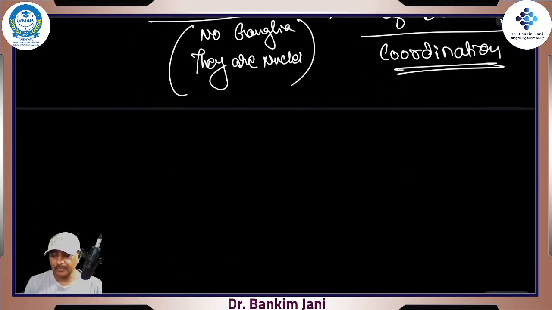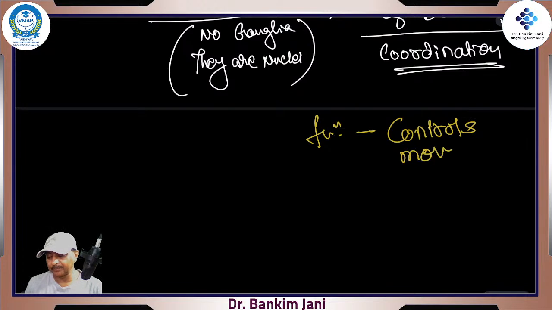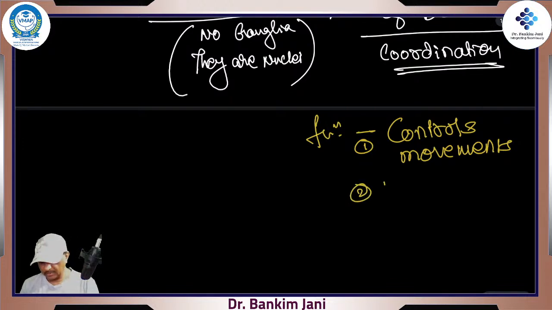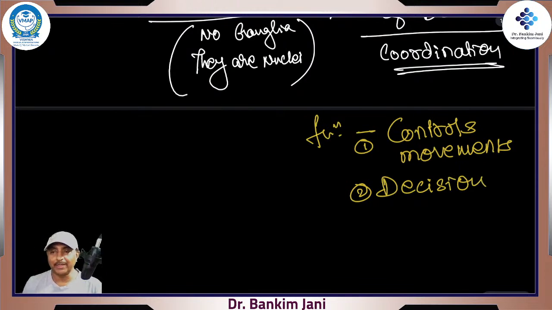Also, say its functions, right? Function one, it controls movement, right? Controls movements, decision making. So see, a small involvement of the anterior choroidal artery, because it is the artery which is supplying this basal ganglia, the decision making can be affected, right?